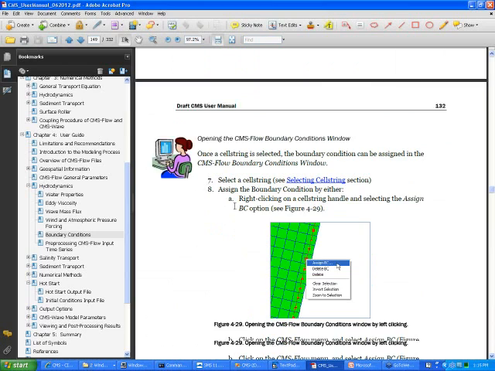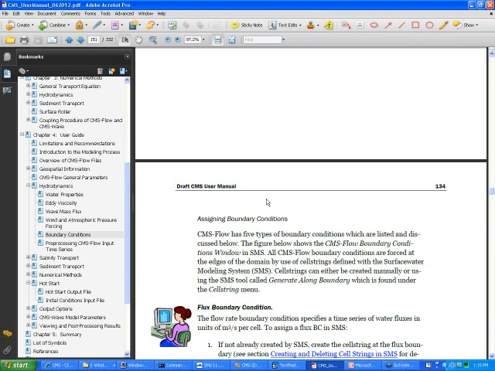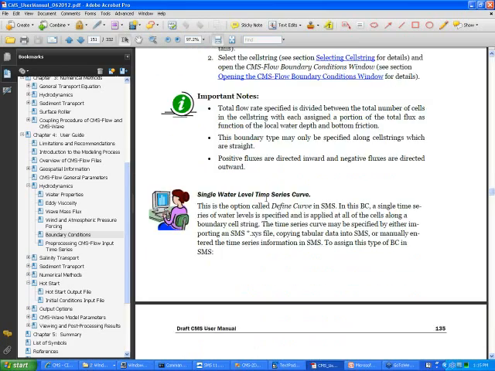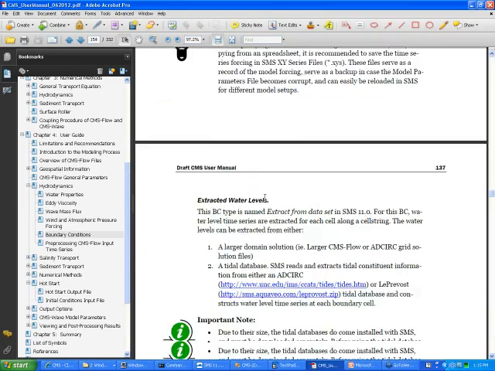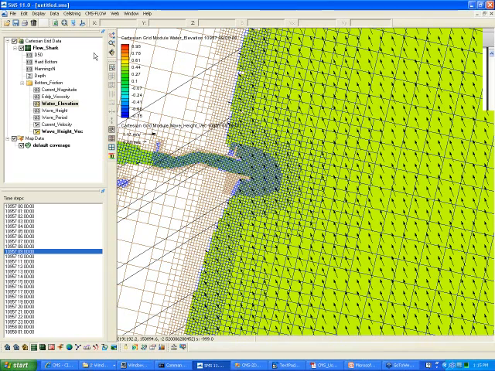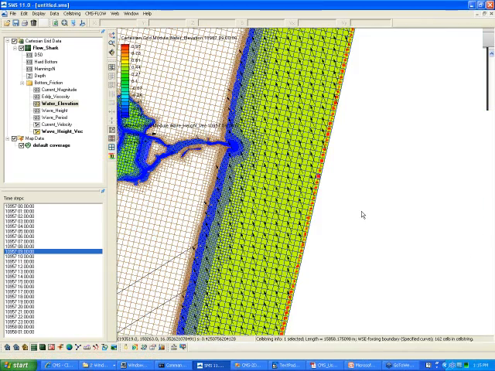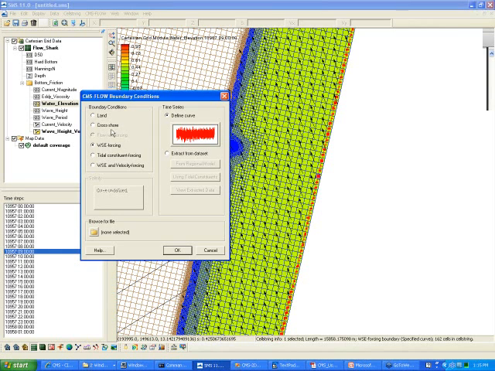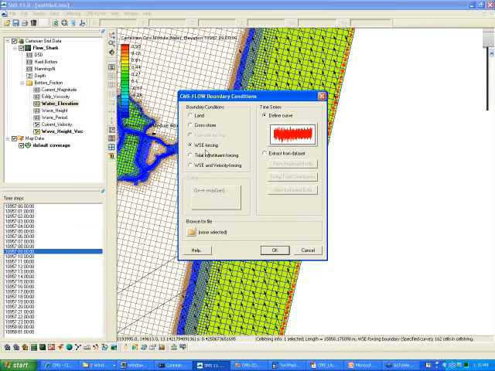Let me go answer Matt's question about extracting boundary conditions. There's a section called extracted water levels. When you want to extract boundary conditions, you can do two things. In the interface, you can select the water surface elevation forcing and either define a curve, extract from a regional model, or use tidal constituents.